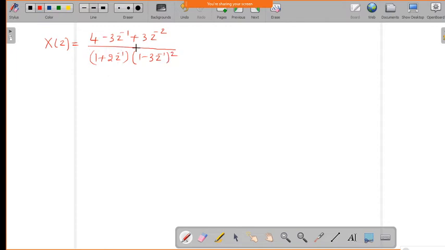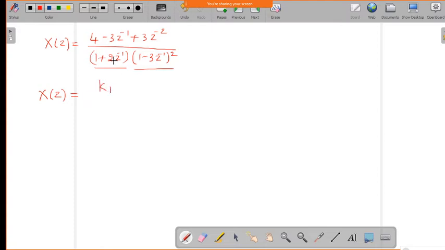You can see the situation: it has one pole situated at z equal to minus 2, and two more poles situated at z equal to 3. So now these are multiple poles. How can we express this x of z? We can express it as, and we can see here k1.